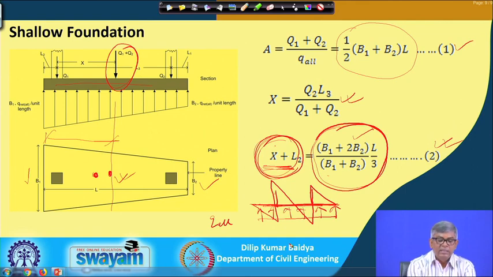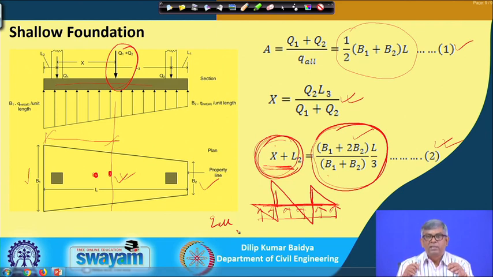When there is a linear variation of loading, the shear diagram will be parabolic and the moment diagram will be cubic parabolic. That, of course, you might have learned in strength of materials. In the same way, once you get the dimension, the geotechnical engineer's role, based on bearing capacity, is to provide the dimension of the footing required.